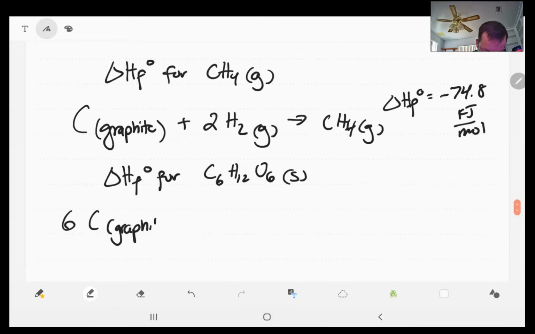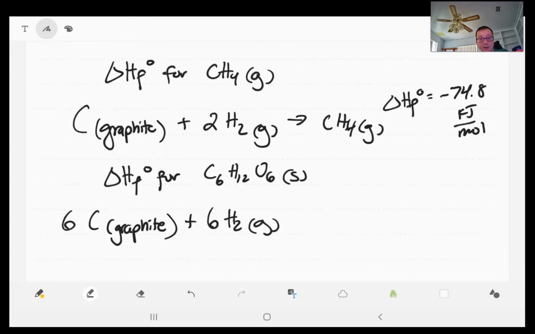Graphite is the standard state for carbon. Plus, we need how many H2s? We need 6 H2s. Remember, hydrogen always comes as diatomic. And standard state means their kind of state of matter and form that you'd find these elements in nature. So, for example, sodium you would find as Na solid.